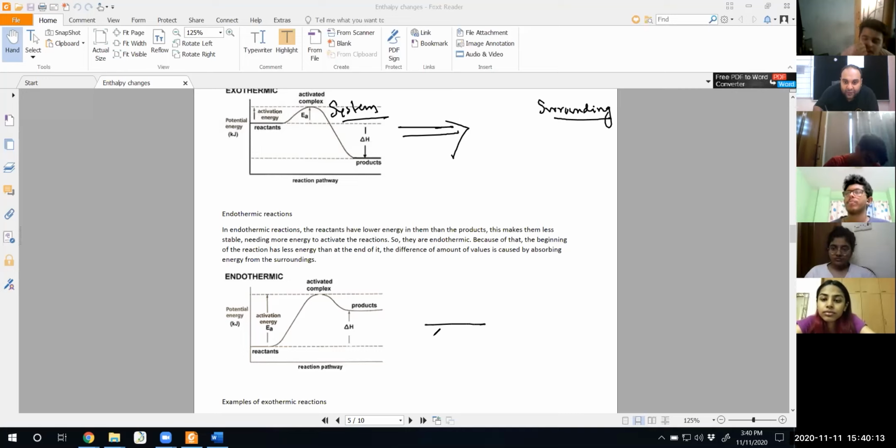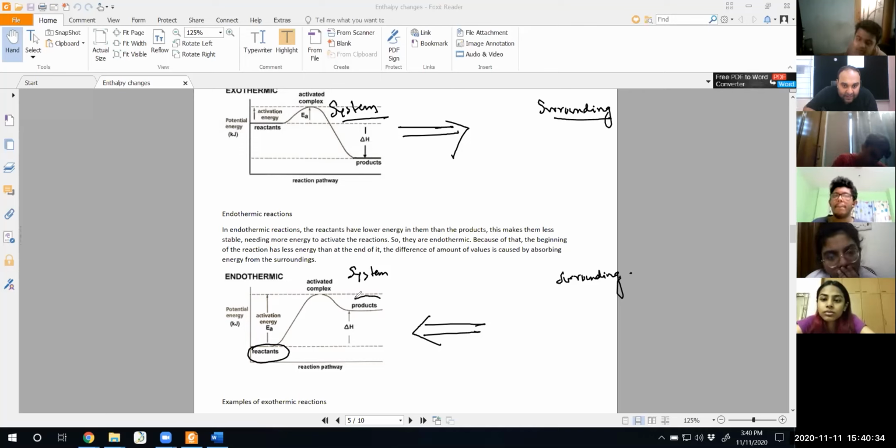When energy flow is inwards, this is the system, this is the surrounding. Even from the graph, you can see that the system initially had less energy.